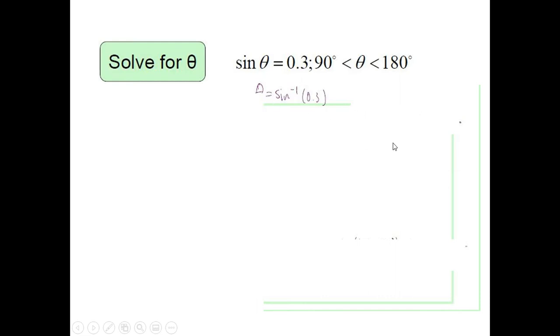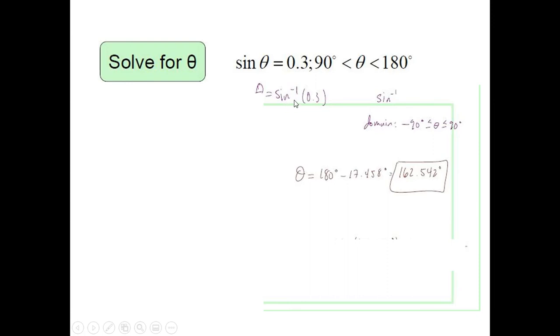But we have to remember that inverse sine is going to give me a value between negative 90 degrees and positive 90 degrees. So we have to subtract our value from 180 to get us into quadrant 2.